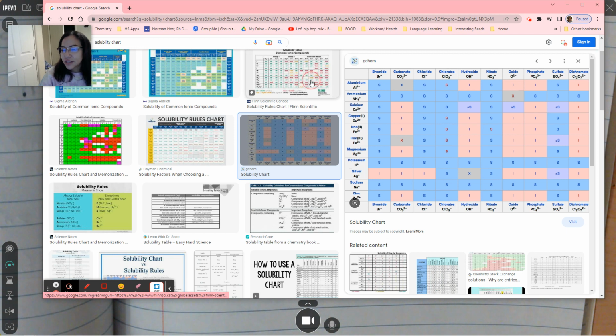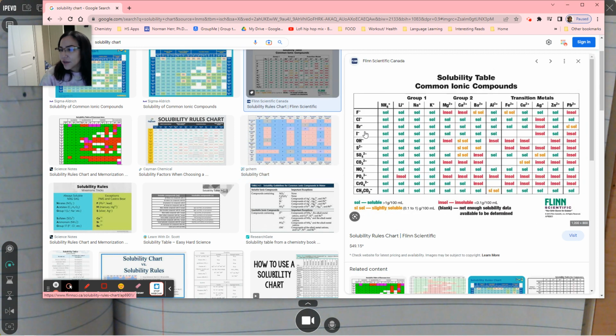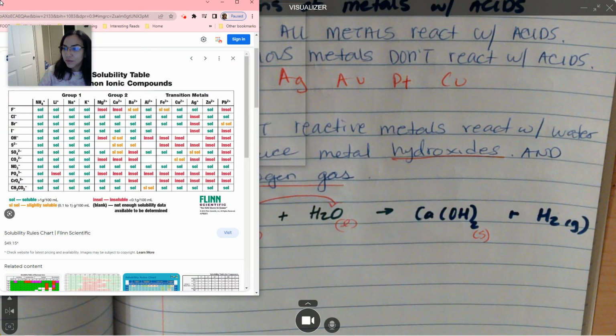Let's look at another one. Calcium, and let's look for hydroxide. There it is. SS, slightly soluble, right there. So you could do one of those two things: look at the rules or look up a solubility chart, and both of them will help you out.